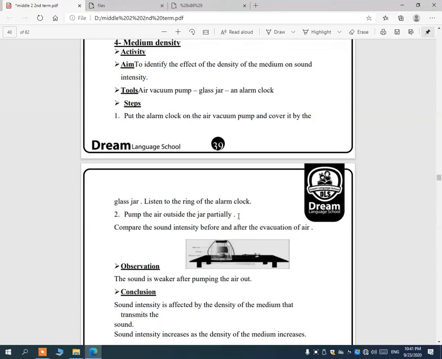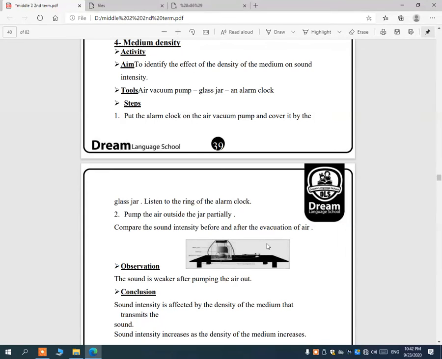Then we repeat the same steps, but after vacuuming the air, after taking the air out from the device. So there is vacuum here, and we make the alarm make a sound. The sound after taking the air out is weak, and the sound of the alarm with the air on is stronger.